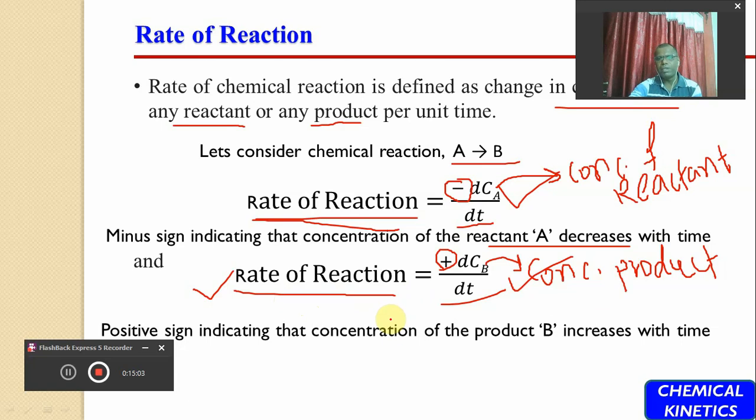Or in simple way, we can define the rate of chemical reaction as the change in concentration of any reactant or product per unit time. So I hope you got a clear idea that we can define the rate of reaction in various ways.